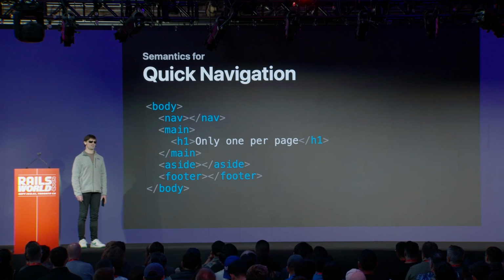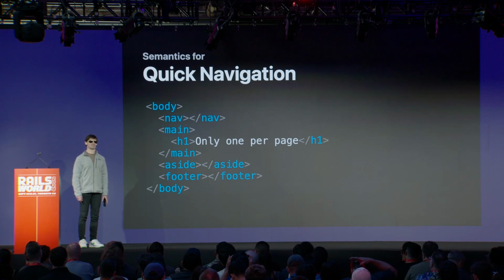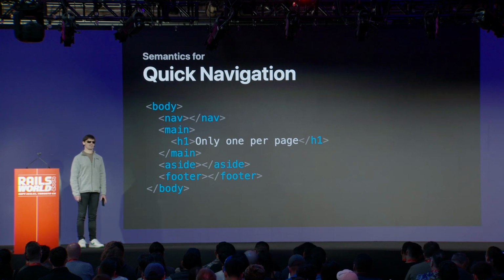So identifying it can be very easy if you use the right elements. That's why these HTML elements exist. So, for example, if you wrap the main content in a main element, I'll be able to identify it quickly and jump to it.